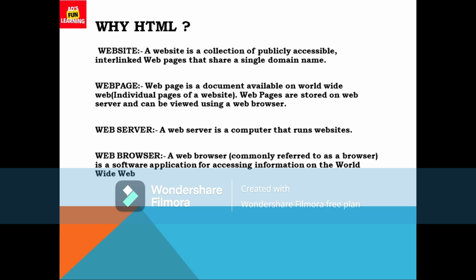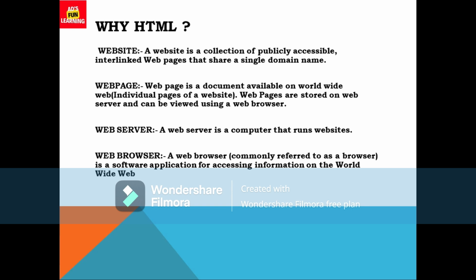That is server. Next is, what is website? A website is a collection of web pages. More than one web page is collected together, and these are all related web pages. Suppose you are opening any site like Wikipedia.